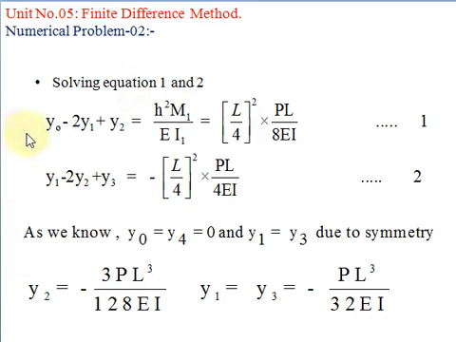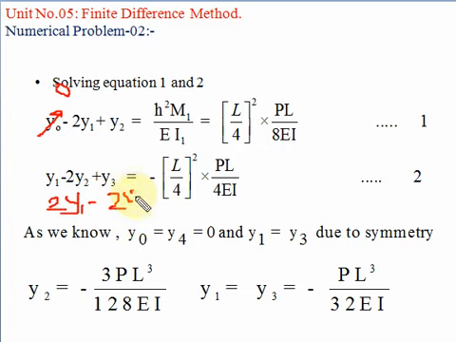Now solving equation 1 and 2. Okay, so equation 1 and 2, and here y1 and y3, so we have made it as 2y1 minus 2y2.